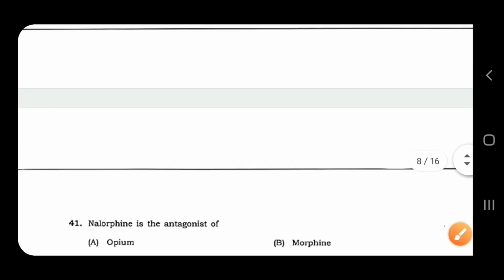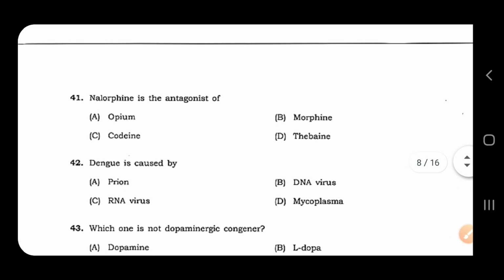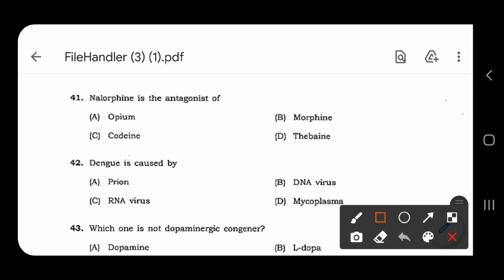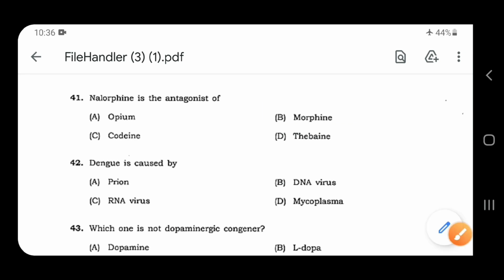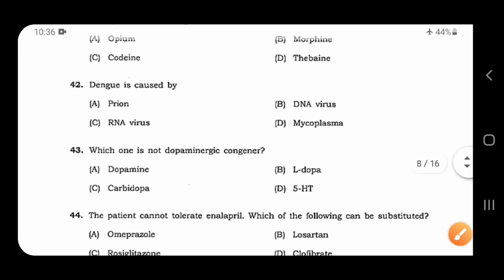Next is question number 41. Nalorphine is the antagonist of opium, morphine, codeine, thebaine. Here the correct answer is morphine. Next is question number 42.